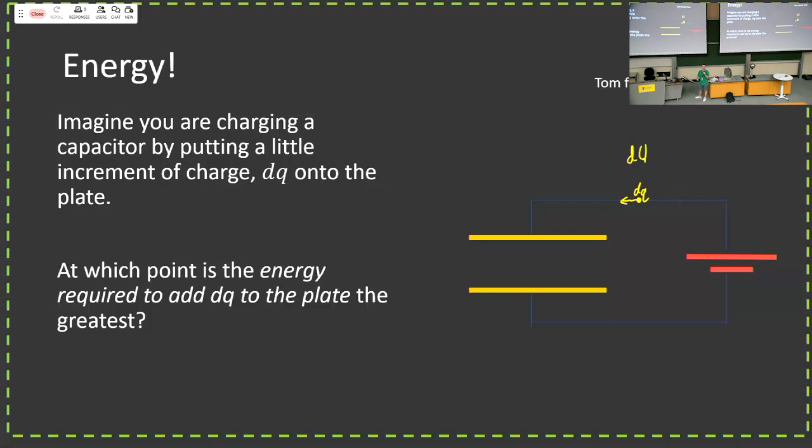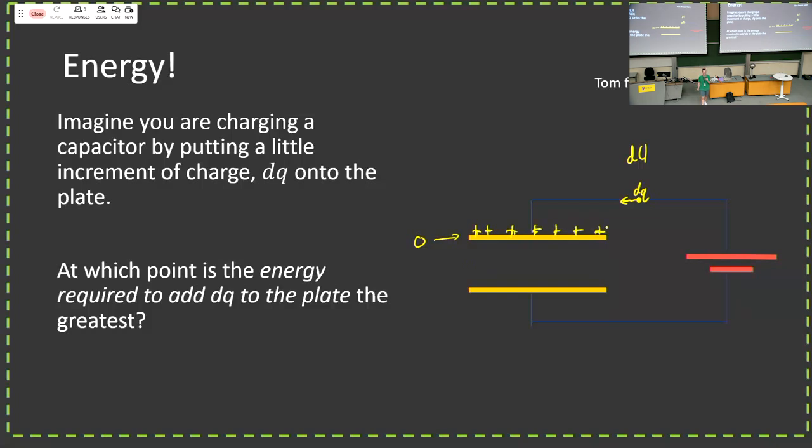So what's going to happen is, as the capacitor charges, initially there's no charge on here, right? And then sometime later, there's a little bit of charge. And then sometime later, there's a lot of charge, right?